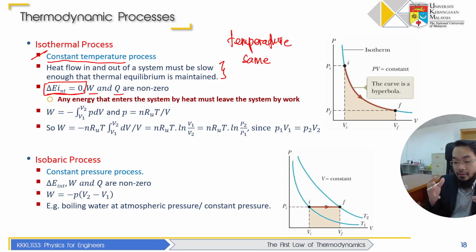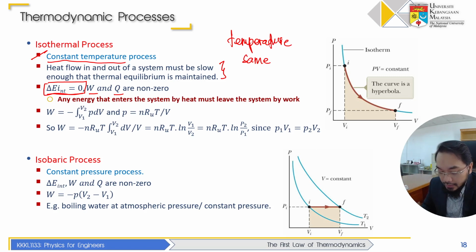If you have a reduction in internal energy, you have a reduction in temperature. So if the temperature is constant, there will be no change in internal energy. W and Q can have any value. Any energy that enters the system by heat must leave the system by work.